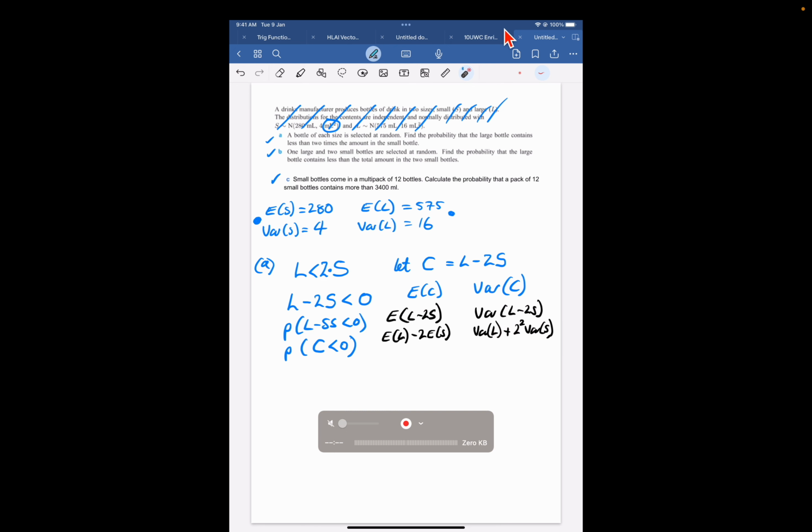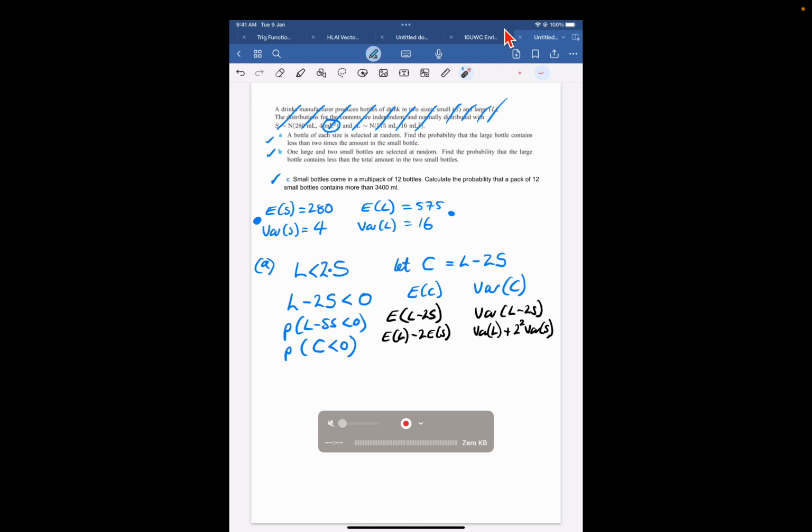And because this is one bottle scaled up by a factor, it's not just 2 times the variance, it's 2 squared times the variance. We'll see on part B where we just add the variances rather than square the number.